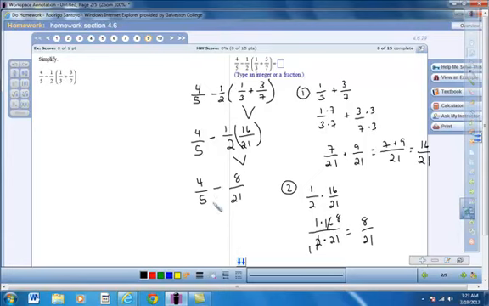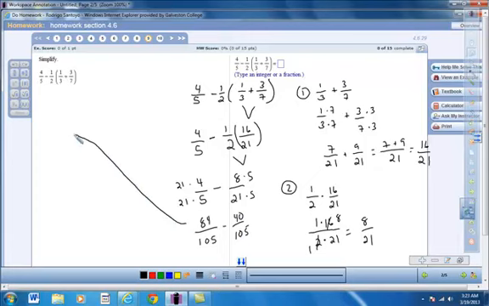Next step here is going to be to subtract. So what I'll do here, because this 5 and 21 are big, I'll just multiply by 21. Multiply by 5. And when we do 21 times 4, I get 84. I do 21 times 5, I get 105. 8 times 5 is 40 over 105.